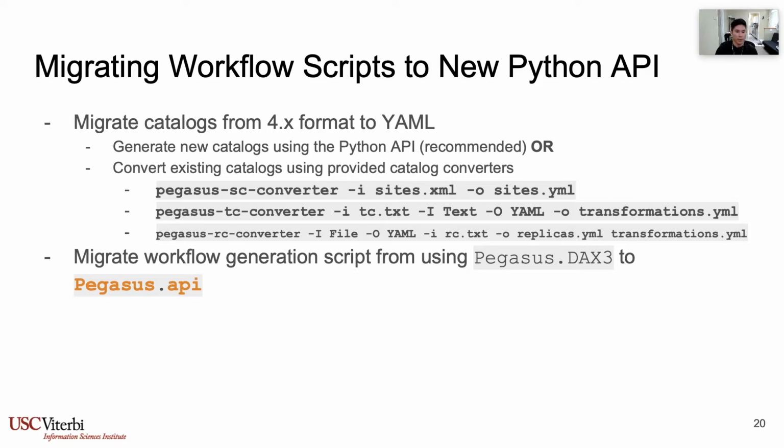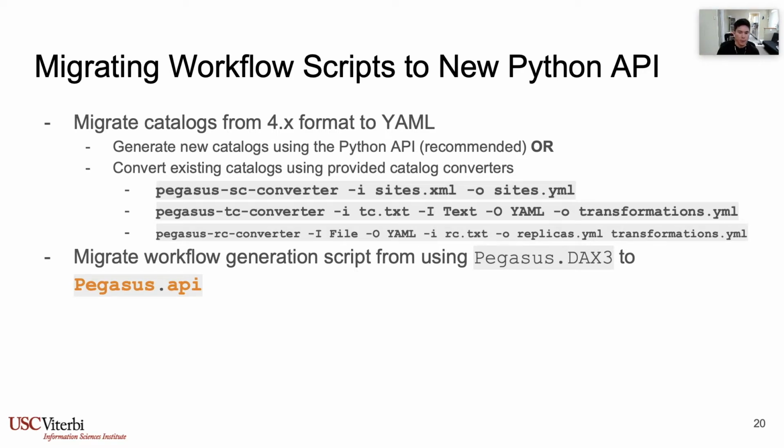So we have a Pegasus SC converter, Pegasus TC converter, and a Pegasus RC converter. We recommend generating new catalogs using the Python API because if you have to later on go in and make changes to your catalog, you would just make a change in your code that generates the catalog, and then the catalog will be written out correctly.